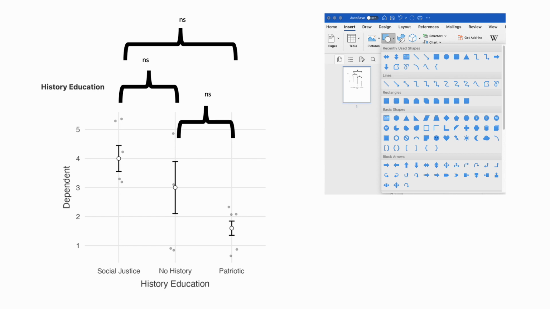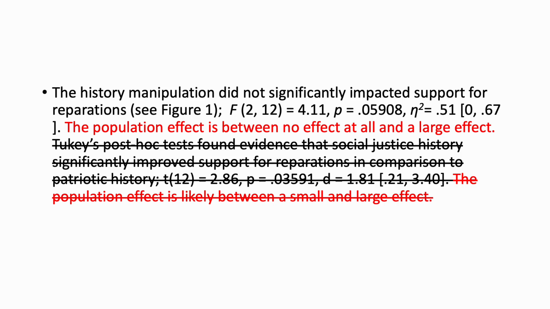We want to show which means are different in our post-hoc test, so I don't have to write it up. That's the whole point. I'm saving myself a lot of time not writing means and standard deviations and not writing up every single post-hoc test. The history of manipulation did not significantly impact support for reparations. See figure 1. Our F statistic with 2 and 8 degrees of freedom equals 4.11.